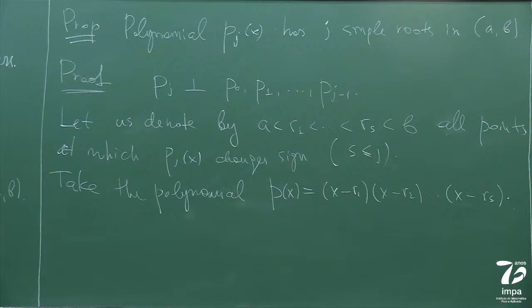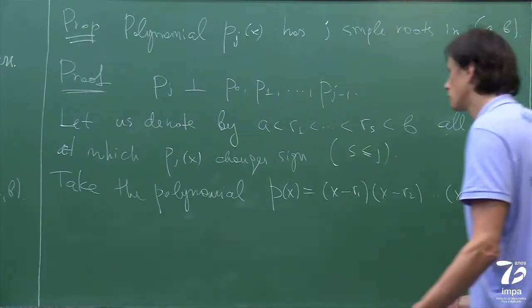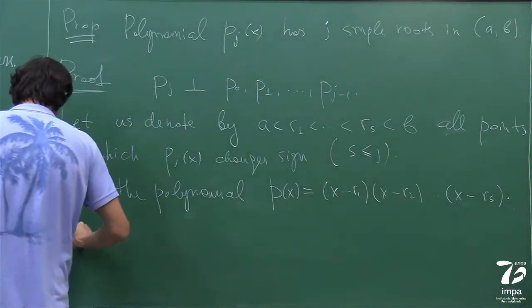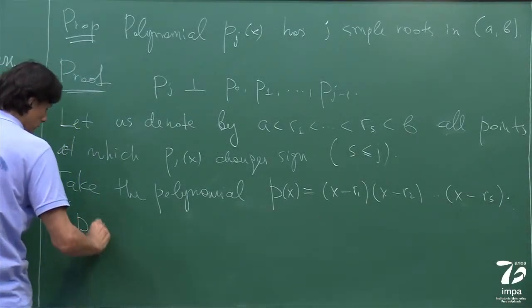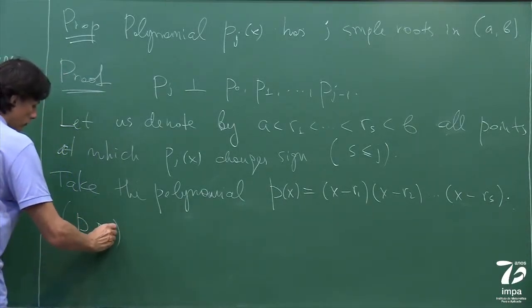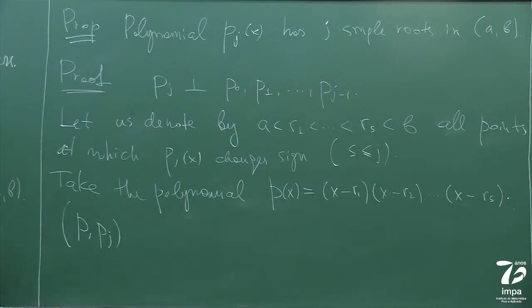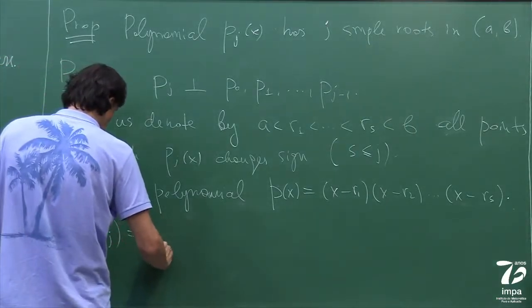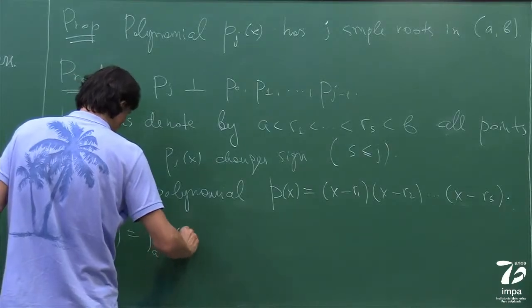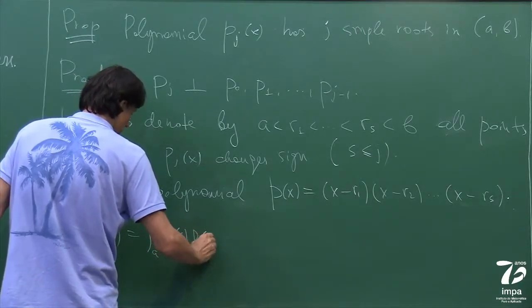What you can see first is that if you take the scalar product of P and Pj, it is the integral of P of x times Pj of x.